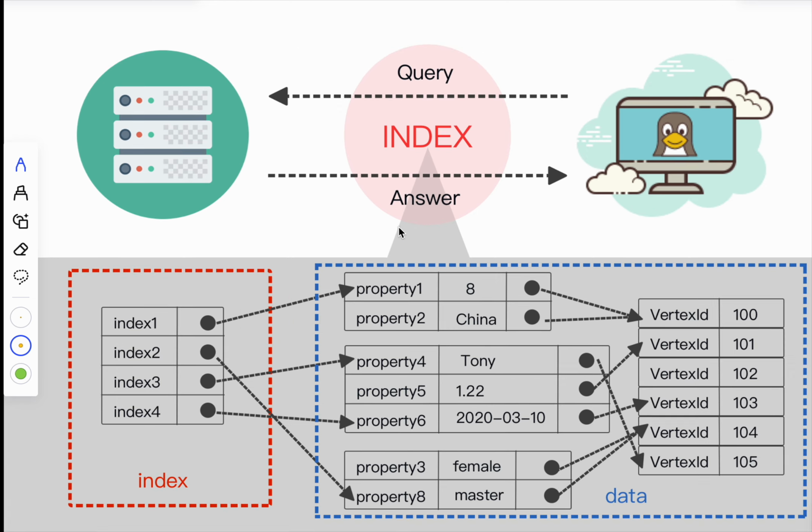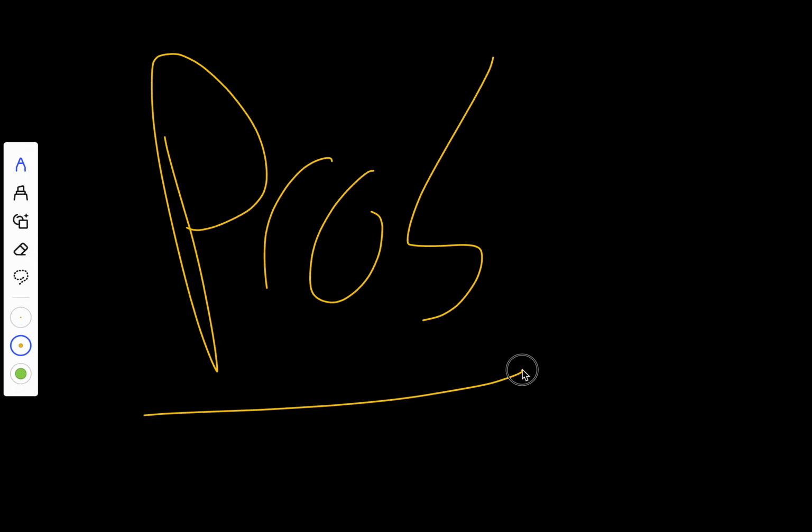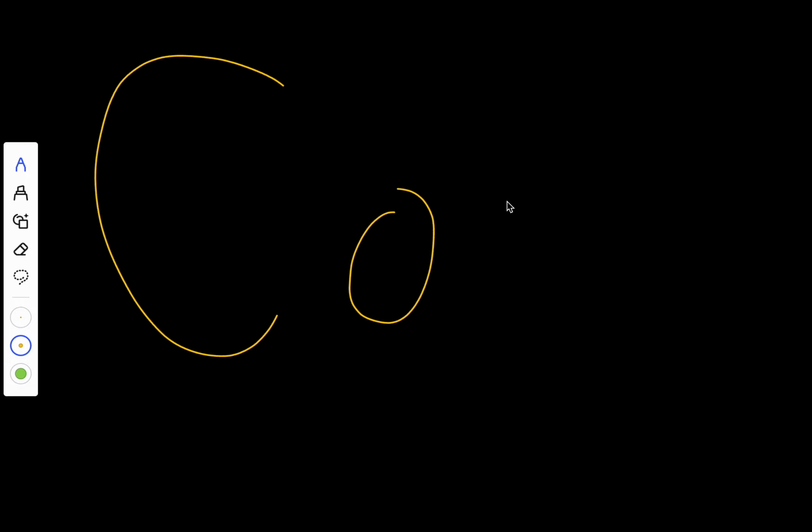What are the trade-offs of that? What are the pros and cons of indexing? First, let's talk about the pros. We have faster reads, which speeds up select queries significantly. Number two, efficient lookups, zeroing in on specific rows quickly. But what are the cons?